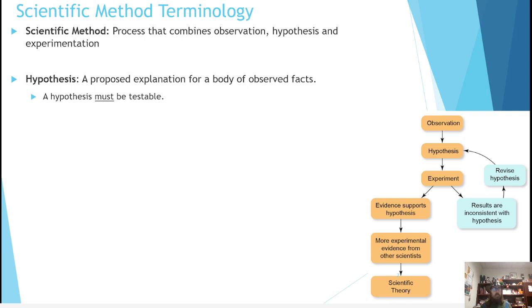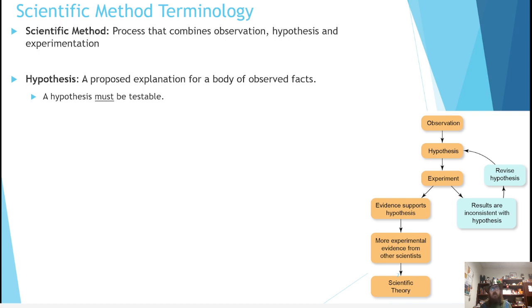If they can't get the same results, maybe you faked something, maybe you made some error that you did not account for. There's lots of different reasons. Not every experiment will necessarily be tested by others, but a lot of the good ones will be.